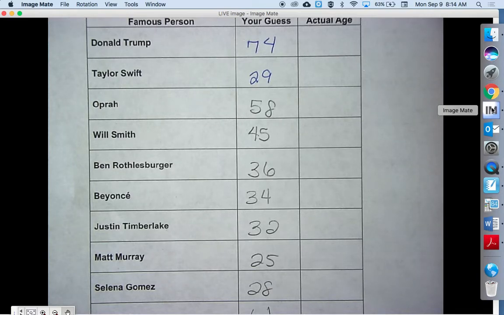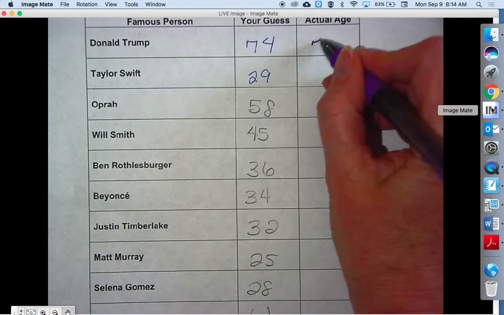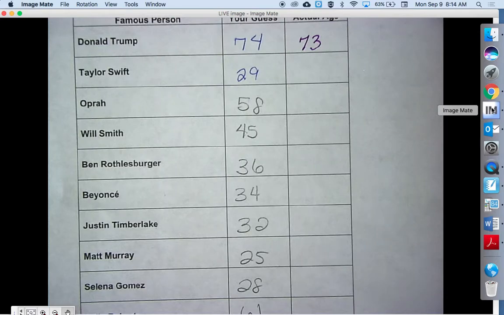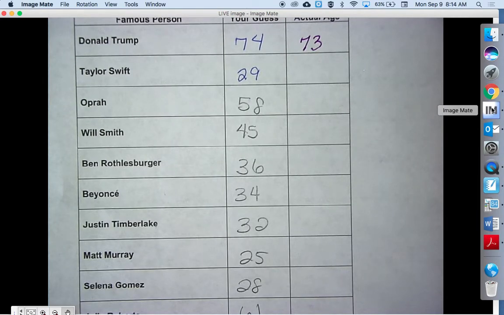Okay, so Donald Trump was born in 1946, in June, so he had a recent birthday. How old does that make him? 73. Taylor Swift was born in 1989. She has not yet turned 30, but she will be 30 in December.